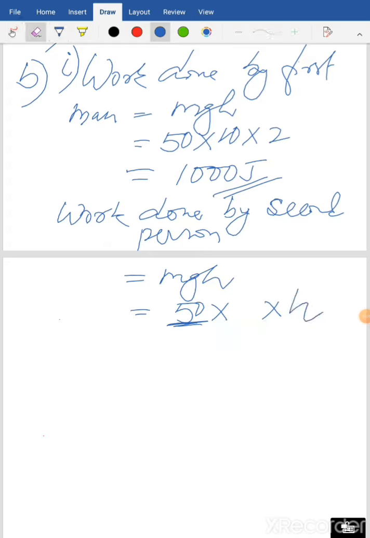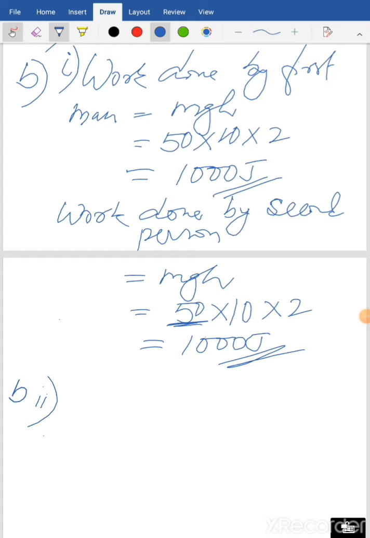So the values of g and h here will be 10 and 2 respectively. 50 into 10 is 500, 500 into 2 is 1000 joule. So the work done by the second person is also 1000 joule. That's why we got the ratio of the work done by the two men as 1:1 in solution A1. All right, so B1 is done.